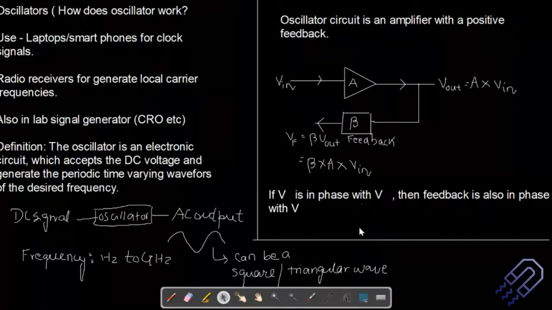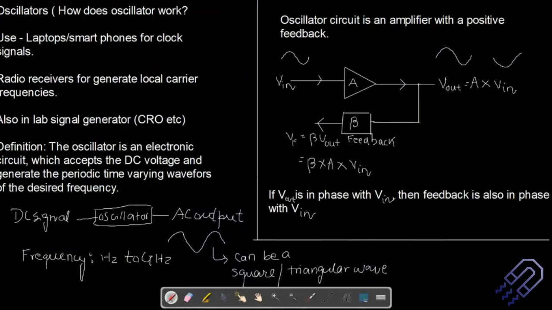So what do I mean by this? It simply means that if V out is in phase with V in, then the feedback is also in phase with V in. So if you have a signal, something like this, and then you have got the output, which is this, maybe amplified, but you see both are in phase. I'm not taking it as out of phase.